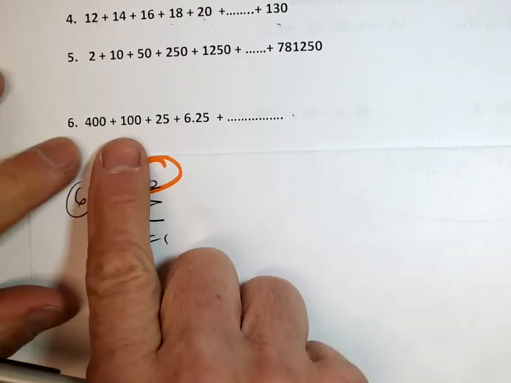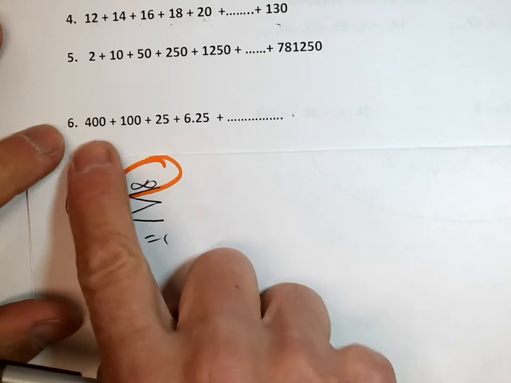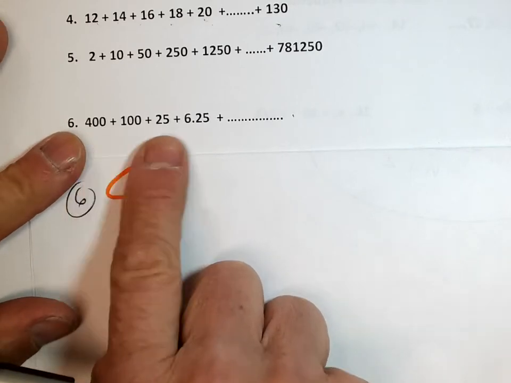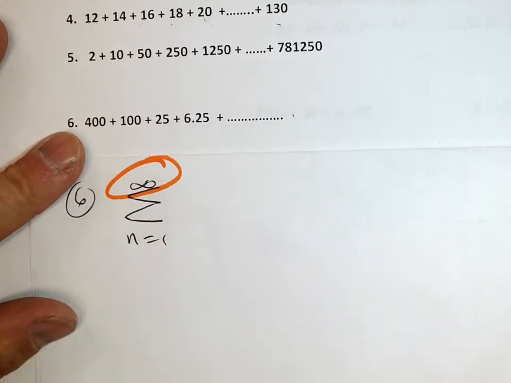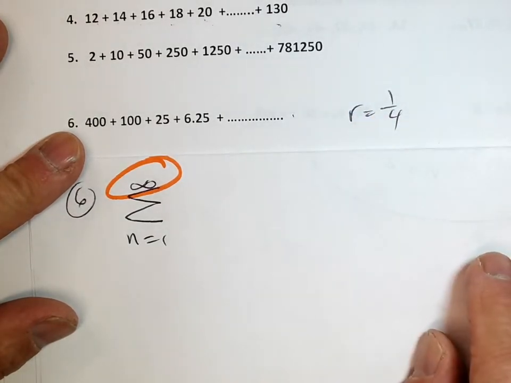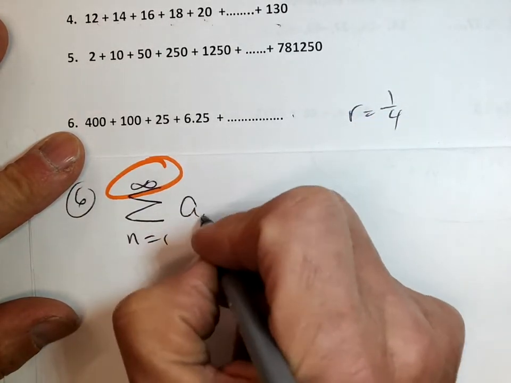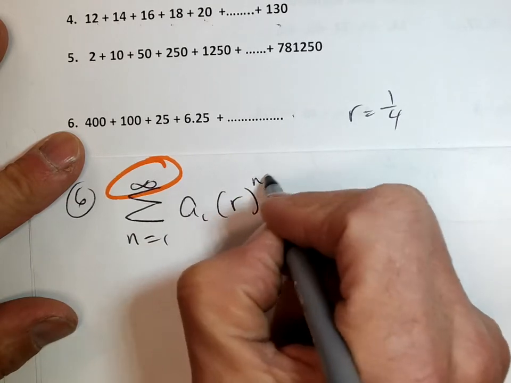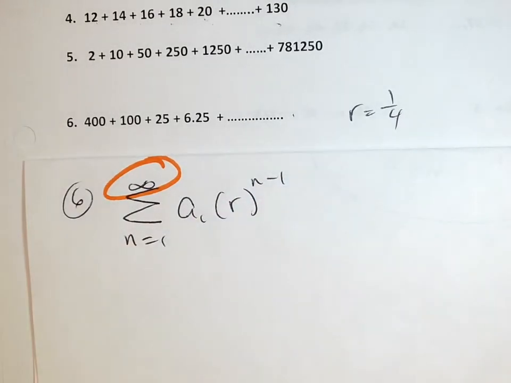tell me what's happening. Divided by 4. Or, yes, totally right, I'm multiplying by 1/4. You okay with that? So I'm going to use my a1 r to the n minus 1, because if I'm multiplying by 1/4, it's geometric, right? Or divide by 4, so it's got to be that one.